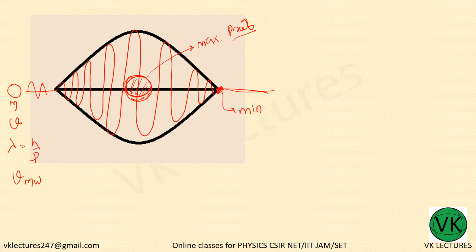Now the idea I wanted to convey to you is, if you throw a particle of mass m, let's say you throw a ball, it will follow a parabolic trajectory. How do you know that it is following a parabola?